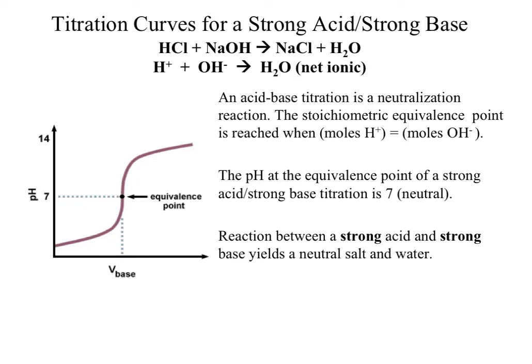Typically what people will do as they're titrating is make a pH curve. They'll monitor the volume of base that they add from the burette, so the units might be milliliters on the x-axis, versus the pH of the solution that's being titrated.